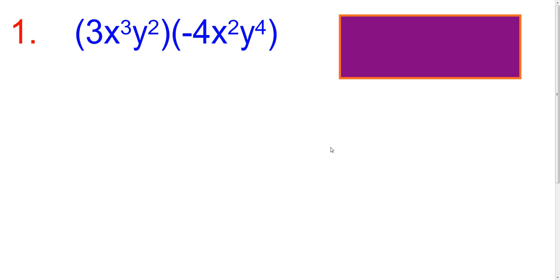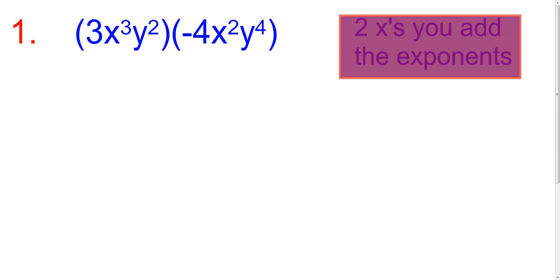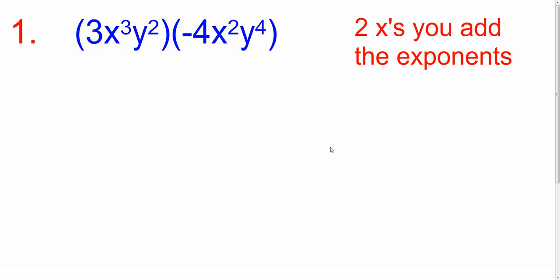And basically what that means is, this is my little reminder to you, when you see two bases, you add the exponents, okay? So in other words, I have an x here and I have an x here, which means I add them. Different than if I asked you to do x squared to the third power. Now do you see how you only have one base?